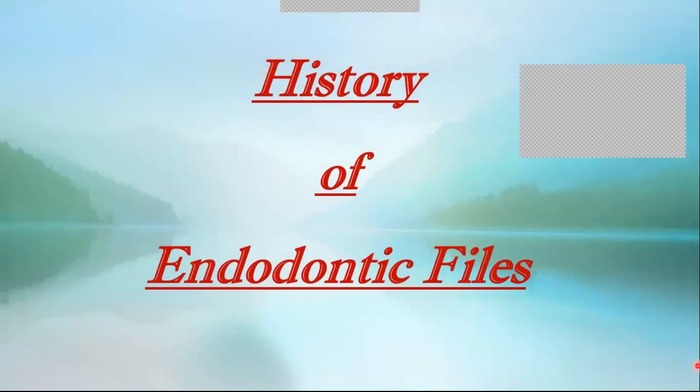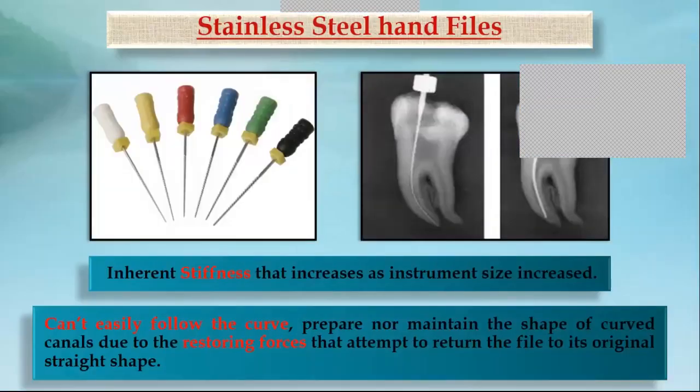Okay. So let's have a quick view on the history of endodontic files that we use for this purpose. Although stainless steel hand files are still used for patency and glide path purposes, we can't complete the root canal treatment using these files due to their inherent stiffness that increases as the size of these instruments increases.